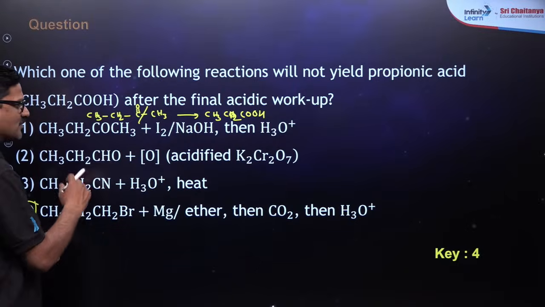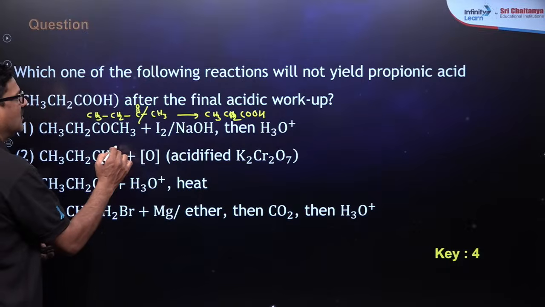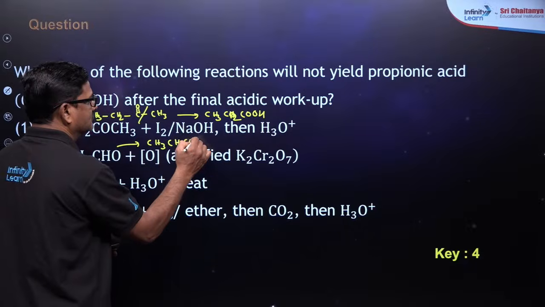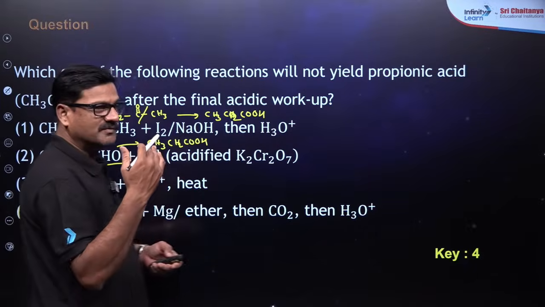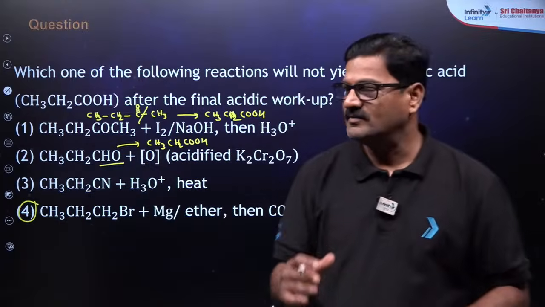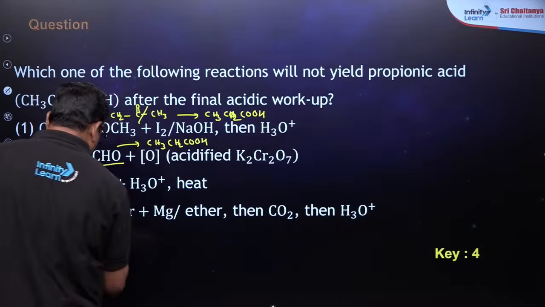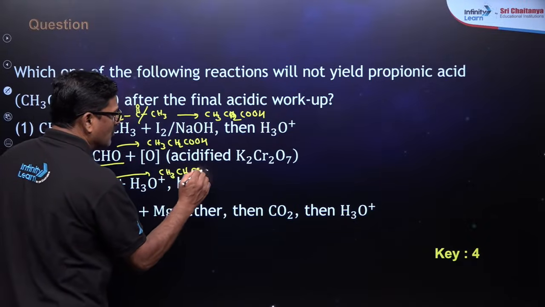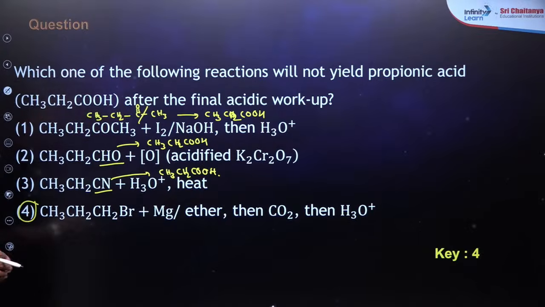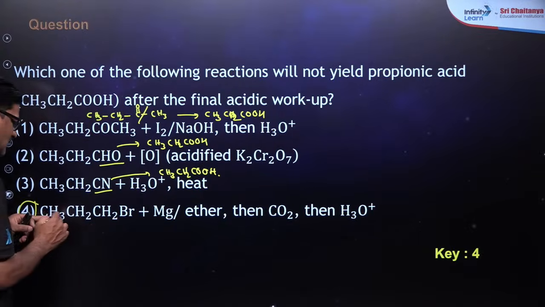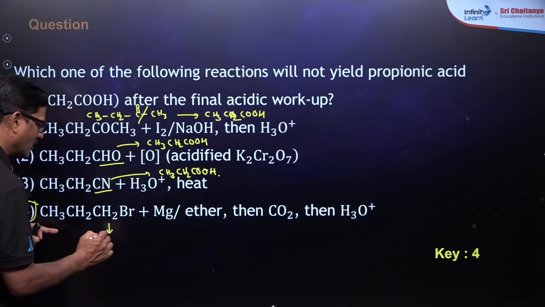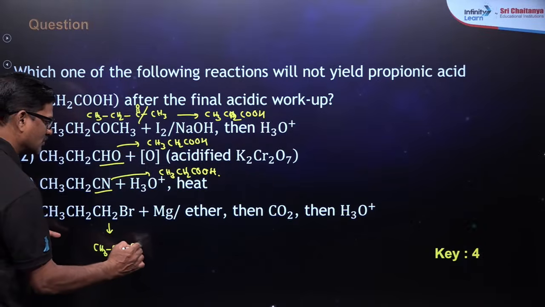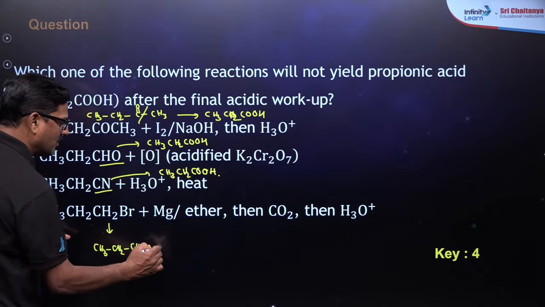CH3, CH2, CHO on oxidation, propanaldehyde, is going to give you propionic acid. Aldehyde will give carboxylic acid. Cyanide on hydrolysis gives rise to carboxylic acid, CH3CH2COOH. Now let us see this one, converted into the Grignard reagent, propyl magnesium bromide, CH3CH2CH2MgBr.